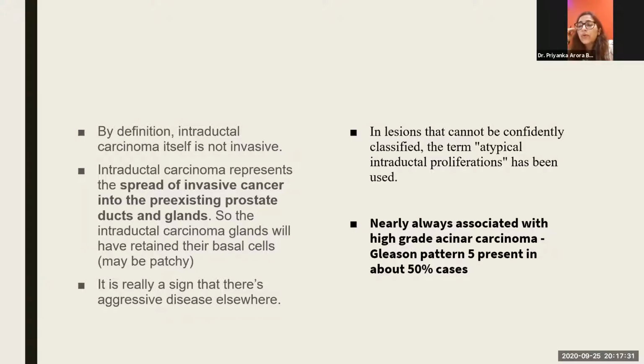Okay, so that is the importance of finding intraductal carcinoma: if you found it, and in the same sections you do not have prostatic adenocarcinoma, go ahead and look for other areas, take more sections and look for an adenocarcinoma, because there is a very, very high probability that these lesions will be accompanied by a high grade, high score adenocarcinoma, with more than 50% of the cases having a Gleason pattern 5.